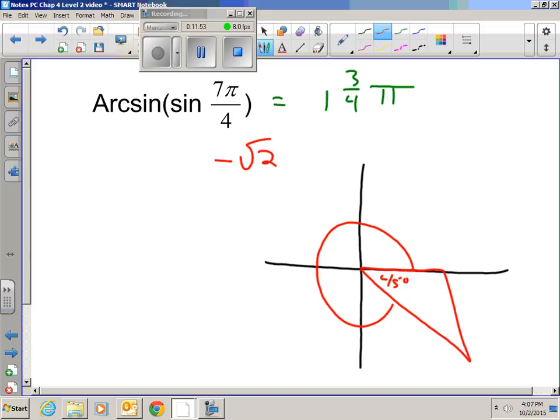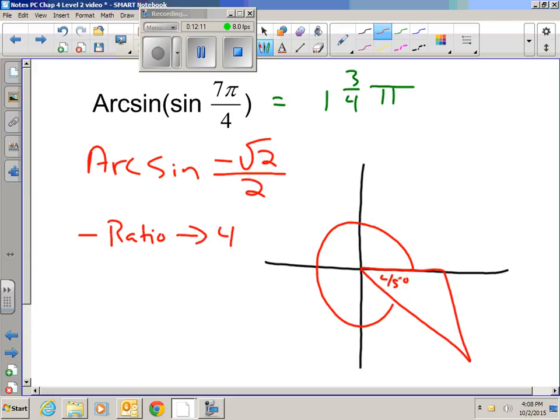It's actually negative √2 over 2, which you should know. Not really that important that we know it, because now we're going to take the arcsine of that ratio. Notice that the ratio is negative, so in sine, a negative ratio takes me to the fourth quadrant. But notice now the fourth quadrant, and I'm not going to say 7 pi over 4.